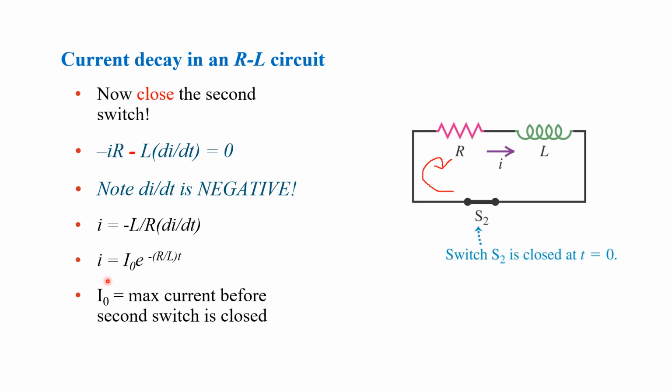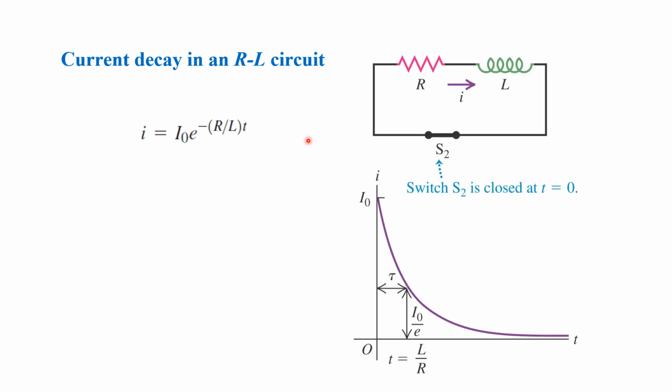We integrated your equation for the current di and for the time dt. We have I equal to I naught e to the negative R over L times t. Here your I naught is the maximum current before the switch is closed.